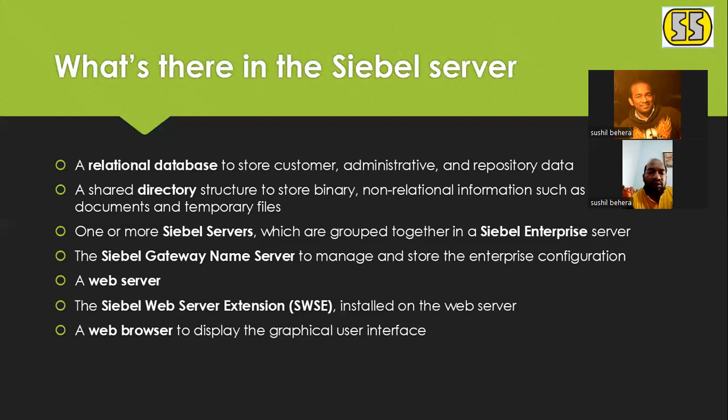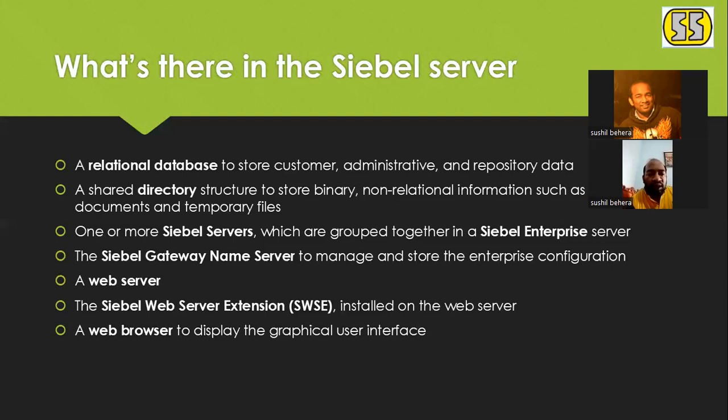Then security knows that okay, Susil Behr is staying at E405. Similarly, whenever a request comes, the Siebel gateway name server has the information about which component is present in which server. From this, it will redirect that okay, you go to server 1 or server 2 or server 3. Those things are taken care of by the Siebel gateway name server. So that's why we are naming it a Siebel gateway name server.